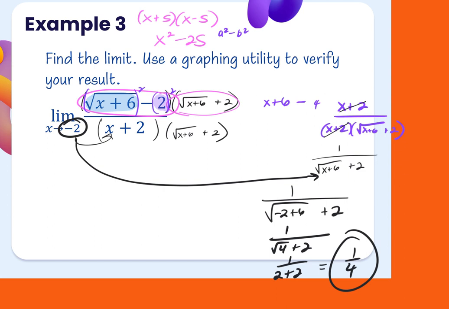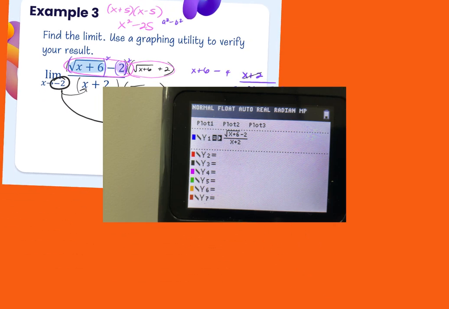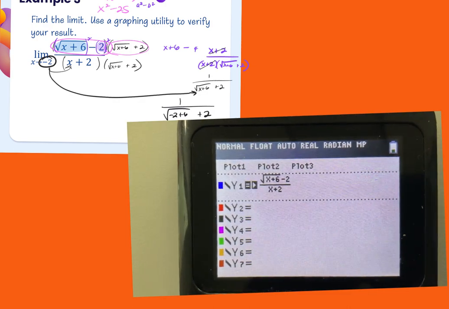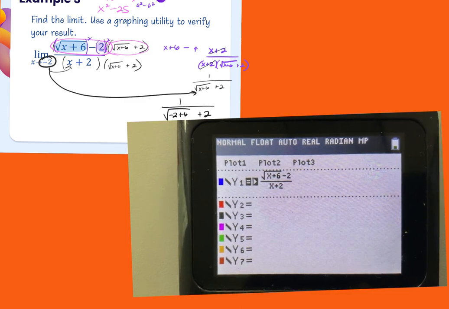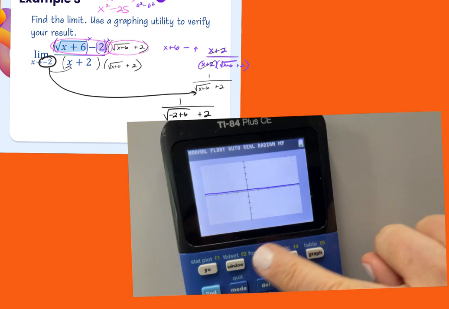All right, in my graphing utility, I typed the original function, the square root of x plus 6 minus 2 over x plus 2. And then when I hit graph, oh, my window is very weird.